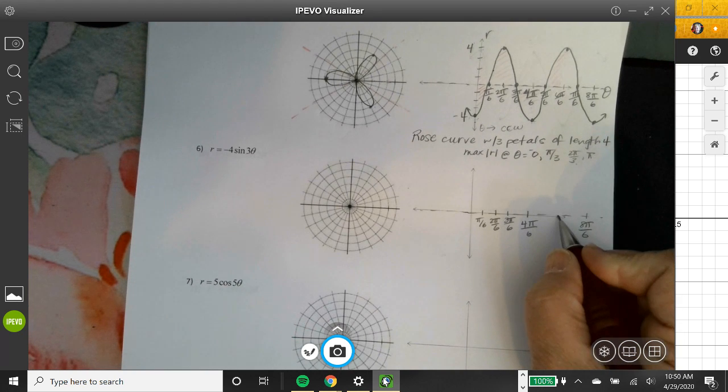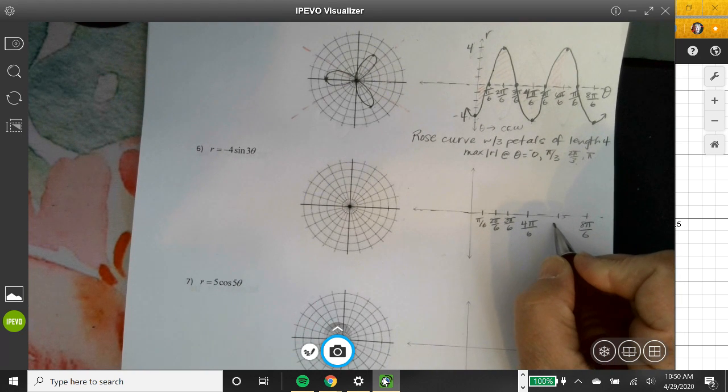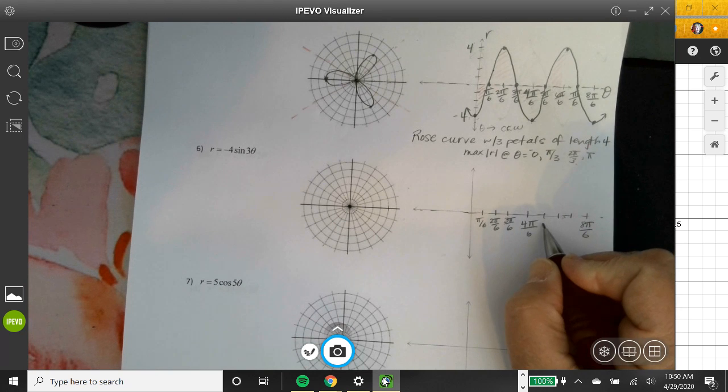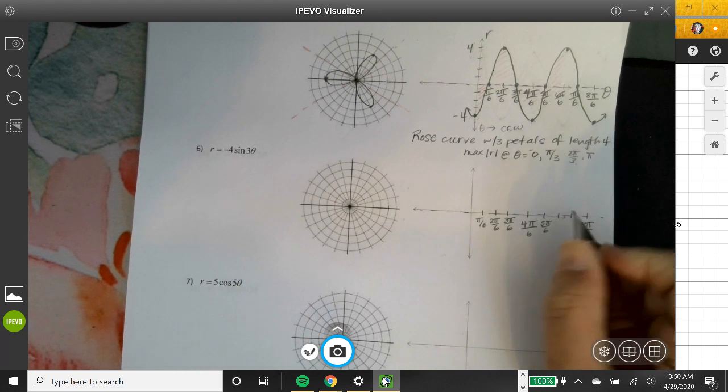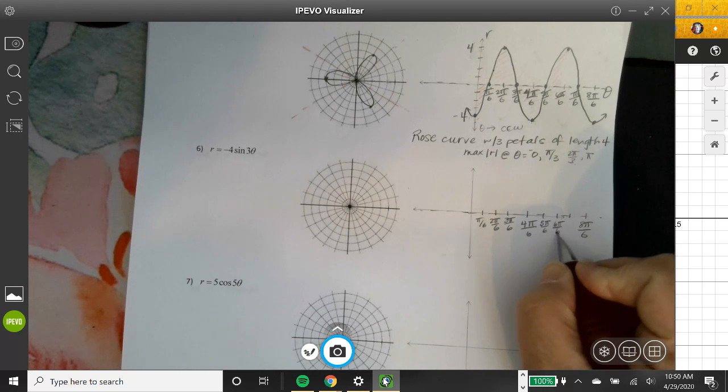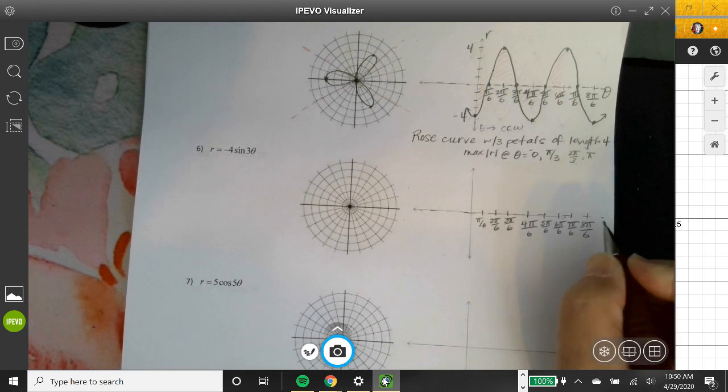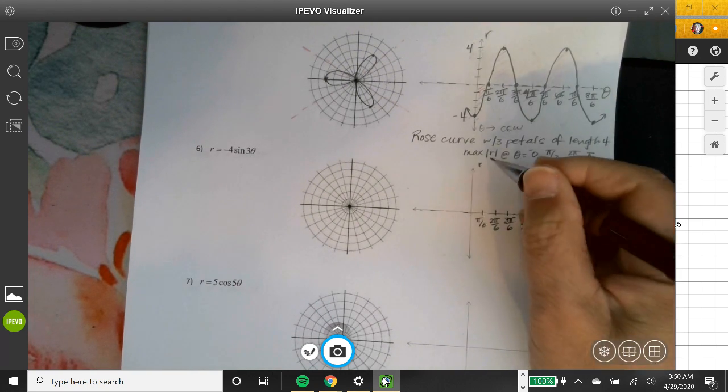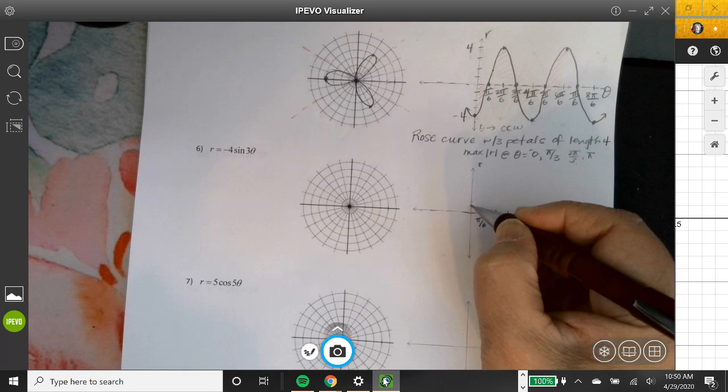It's going so well, and then that one I messed up. All right, I'm going to try to forget myself. Here we go. Keep going here. All right, this is theta, and this is r. And our amplitude is still 4.